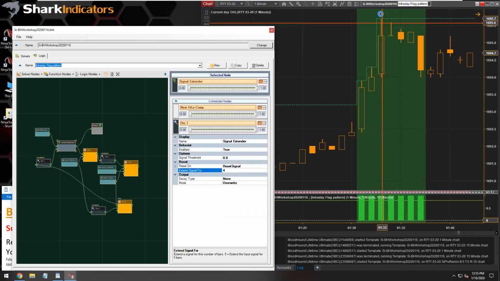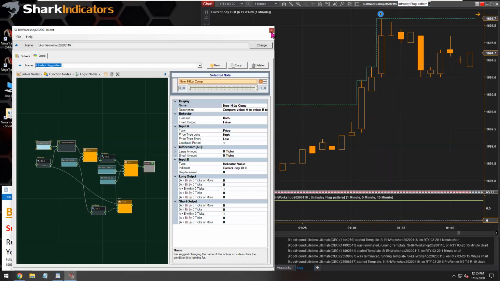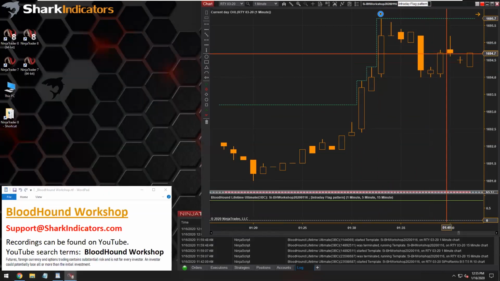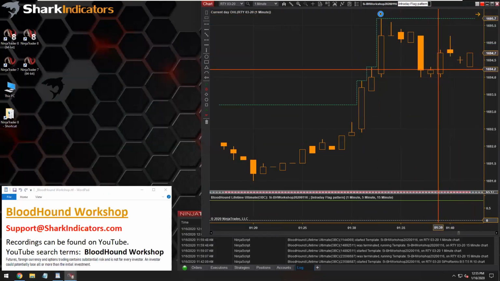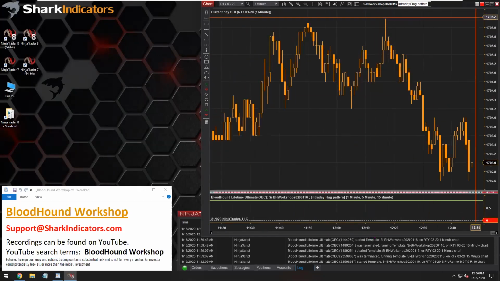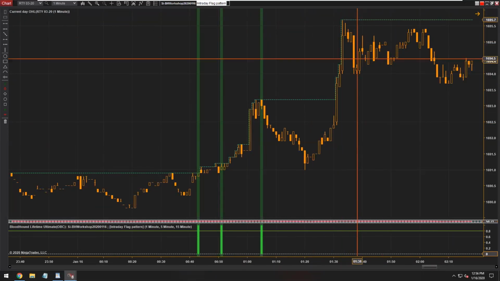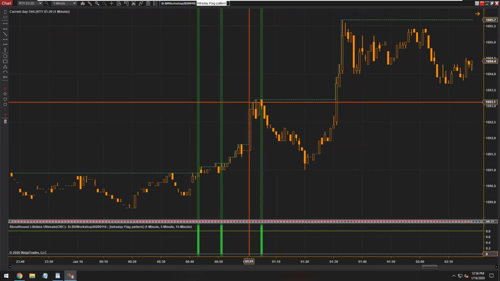Now if we include the bar that makes the new high, that's bar 1, 2, 3, 4, 5. And there we go. Now this 7th bar signal is no more. All right, so this signal was removed.